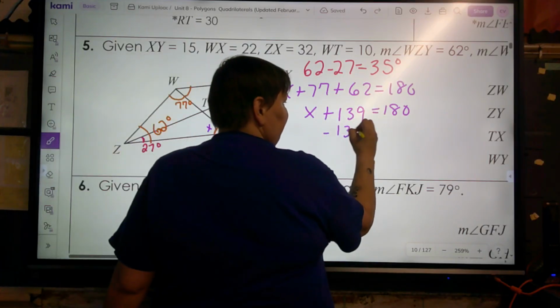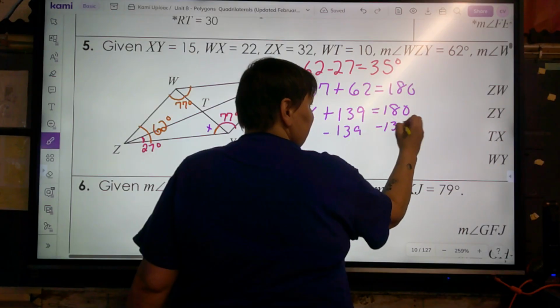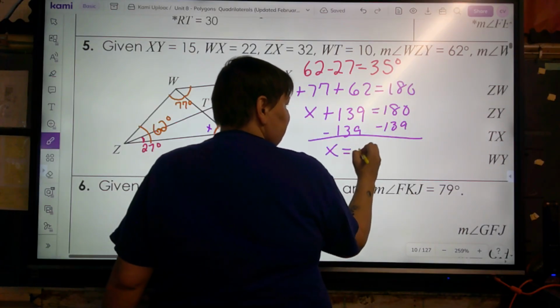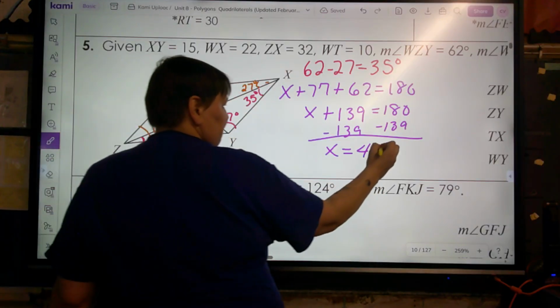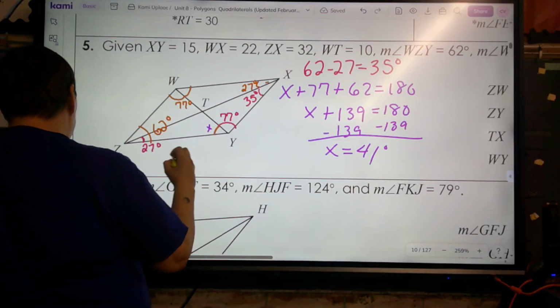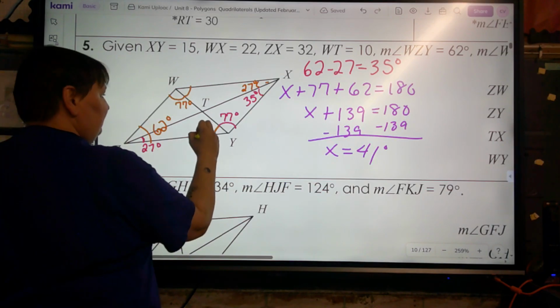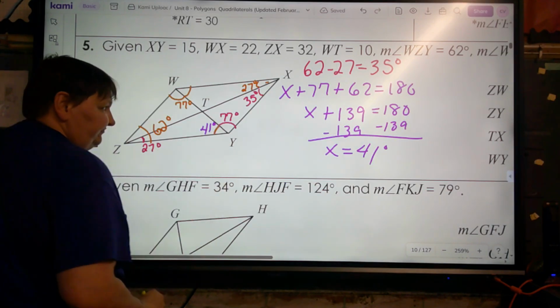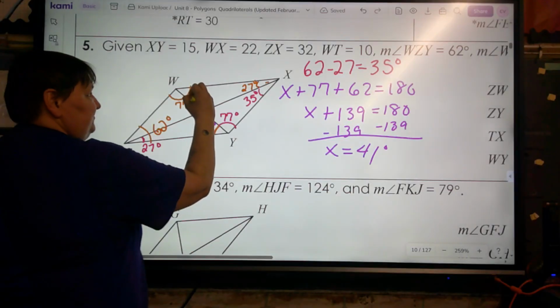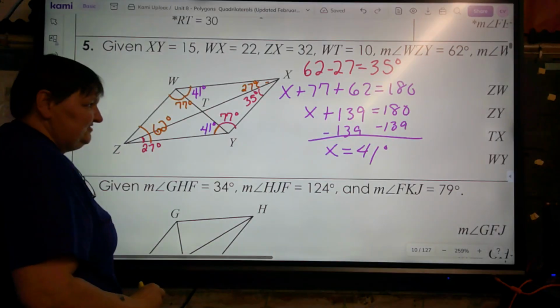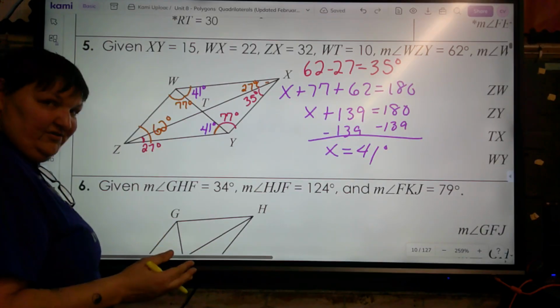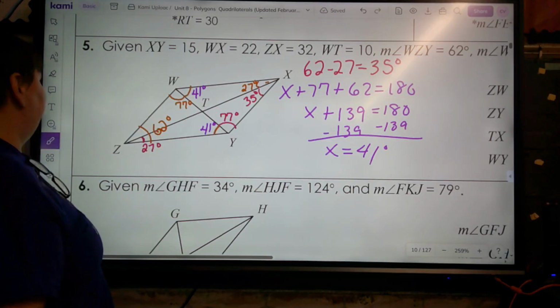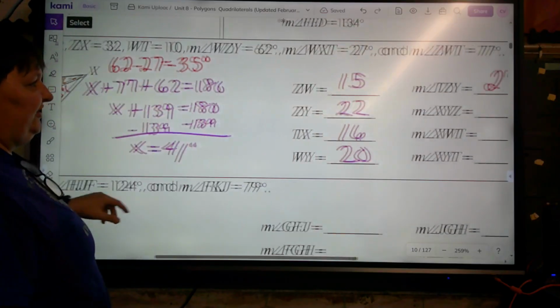So subtract 139 from both sides. X has to equal 41 degrees. Right? That means this piece here has to be 41 degrees, which means this piece has to be 41 degrees. Alternate interior angles are congruent. Right? I think I answered both questions.